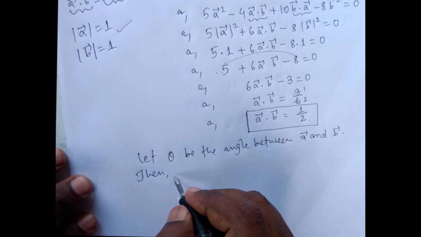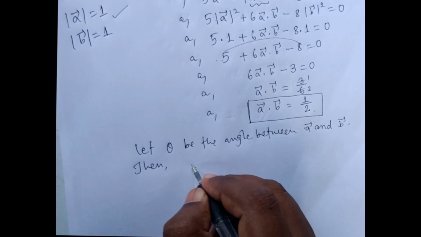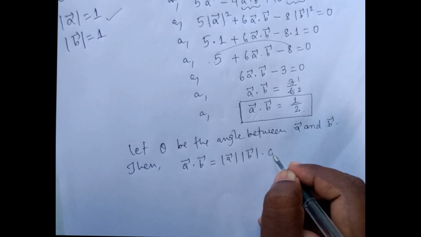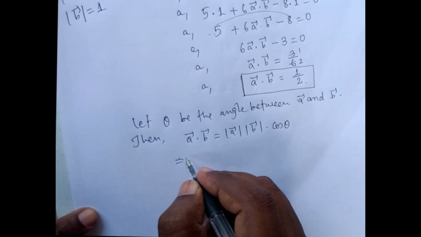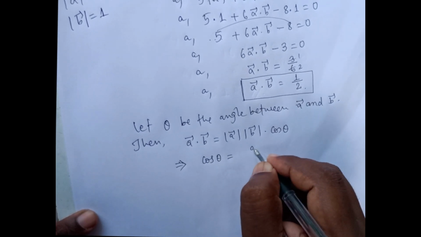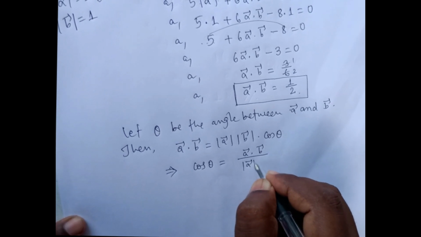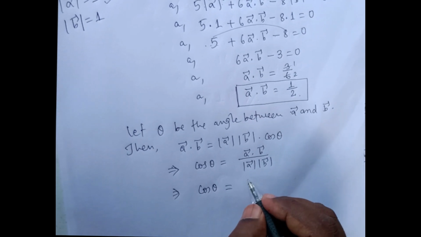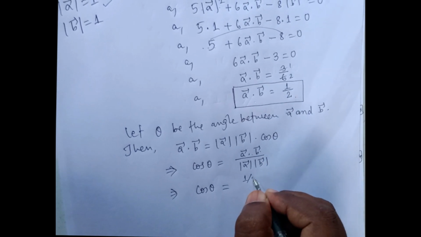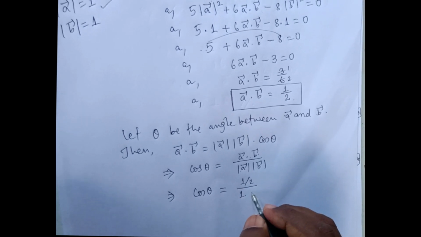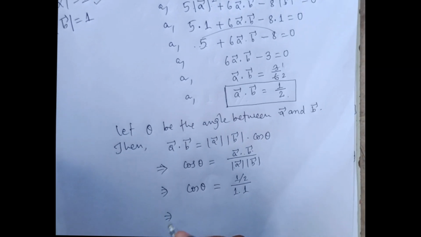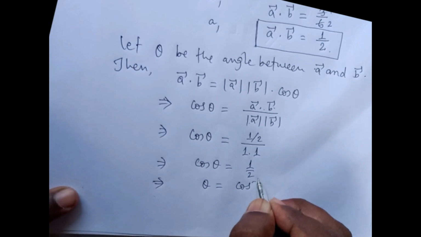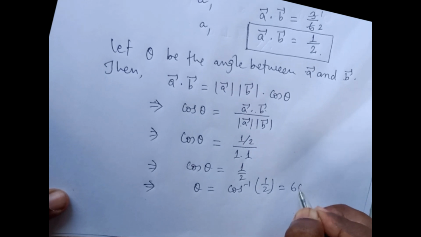Then by the definition of a scalar product, a·b = |a||b|cos θ. So cos θ = a·b / (|a||b|) = (1/2) / (1 times 1), which implies cos θ = 1/2, which implies θ = cos⁻¹(1/2), which gives 60 degrees.